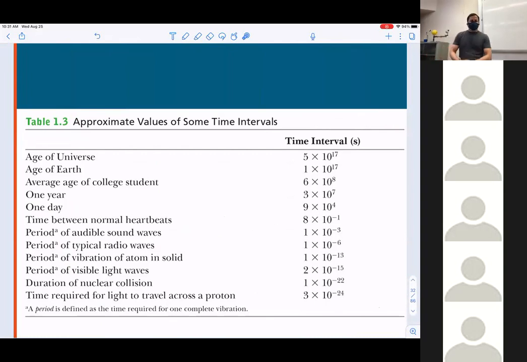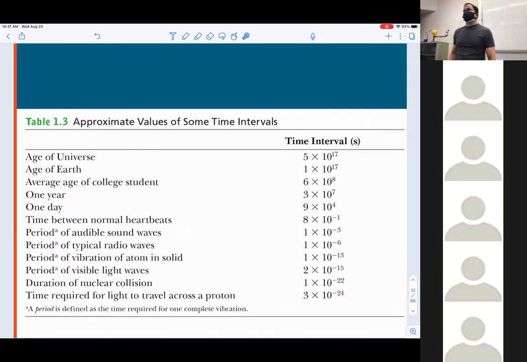So time intervals. The time required for light to travel across a proton. So you turn on a flashlight. How long does it take to travel? Anyway, a proton is really, really tiny. And if you turn on a flashlight at one end of it, how long does it take the light beam to go across it?